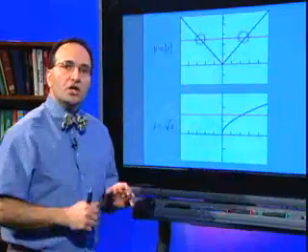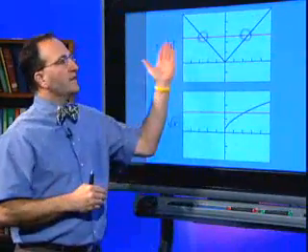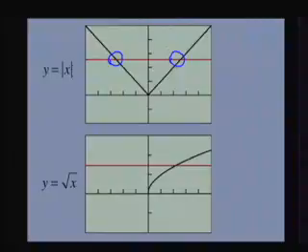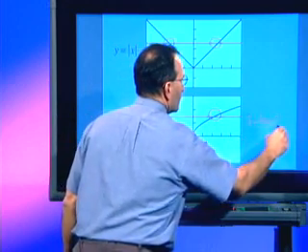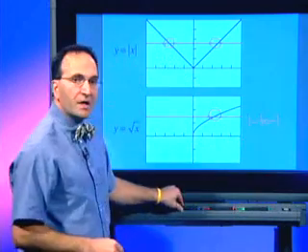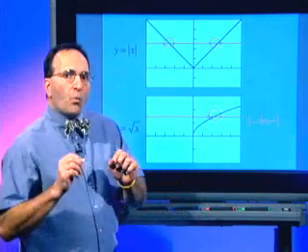And when that occurs, it means that this function is not one-to-one. If we look at y equals the square root of x, you'll see that the horizontal line intersects at only one place, in which case this function is one-to-one.